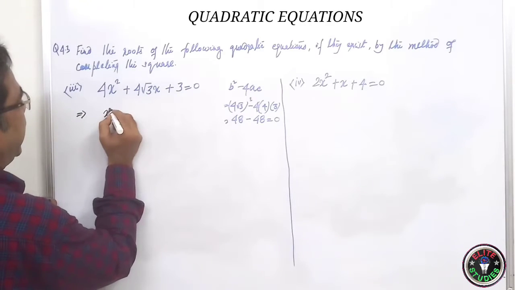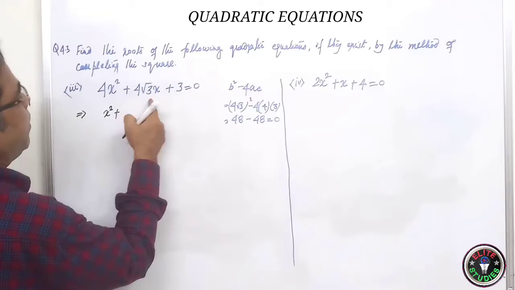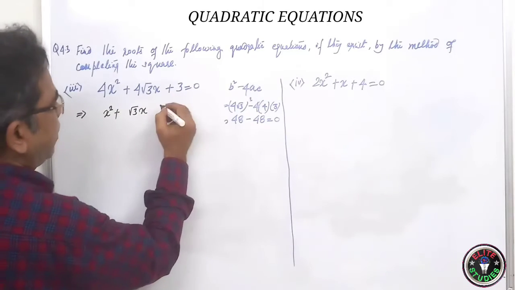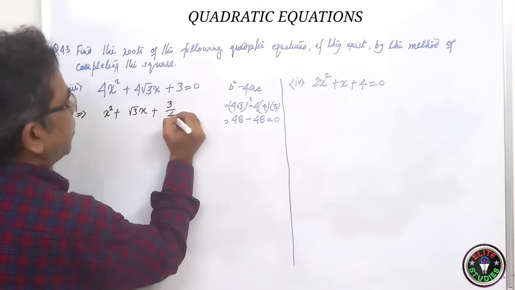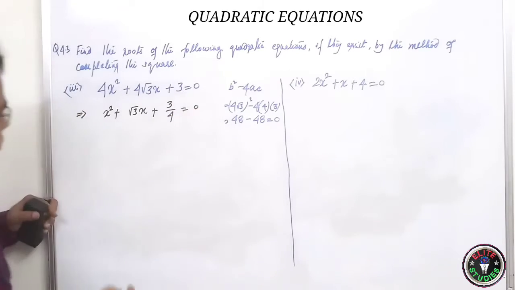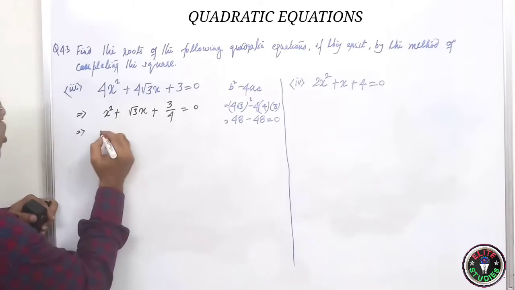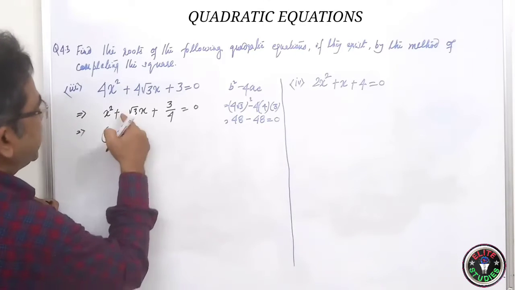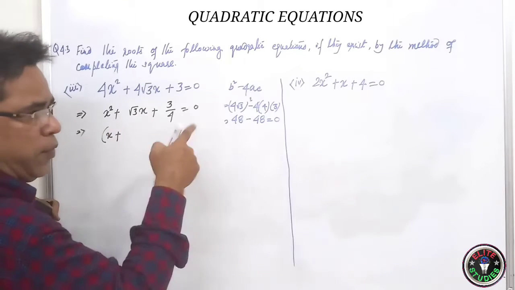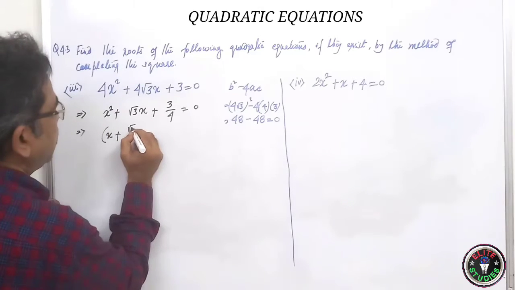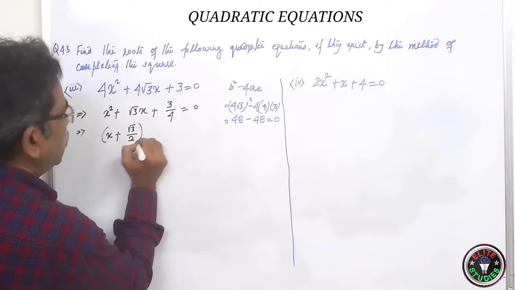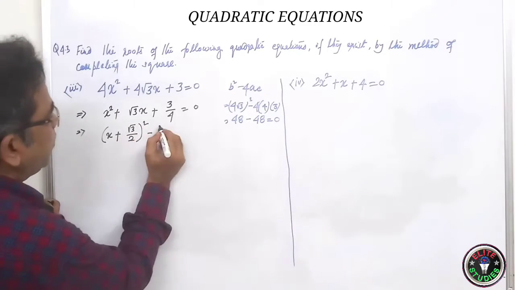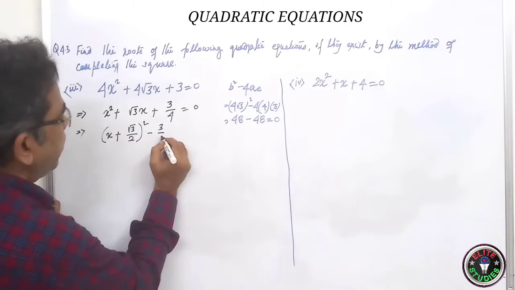So you will get here x square plus, divided by 4, it will be only root 3x divided by 4 plus 3 by 4 is equal to 0. Implies what? I told you, just you write x, then plus is plus, whatever is there, you multiply with 1 by 2. So it will be root 3 by 2 square minus, always its square will be 3 and its square will be 4.